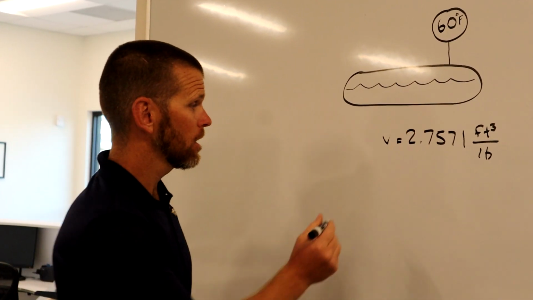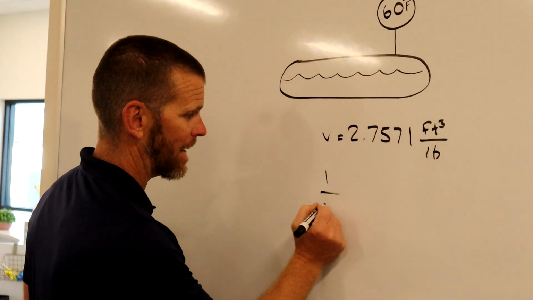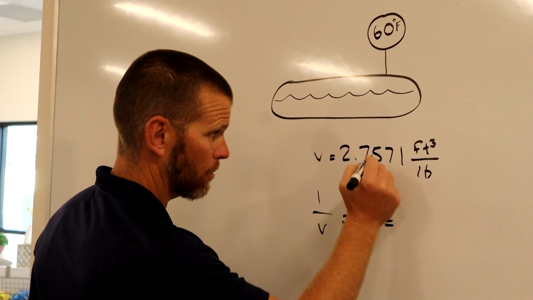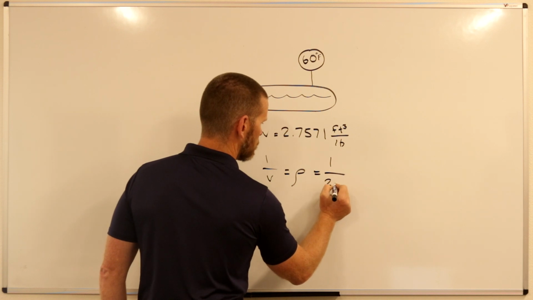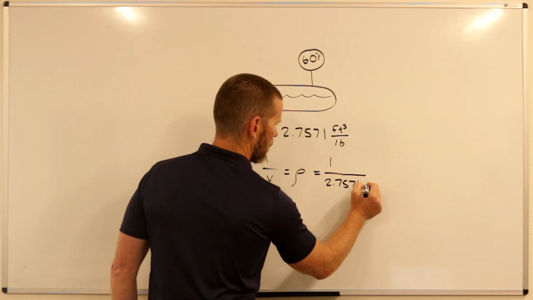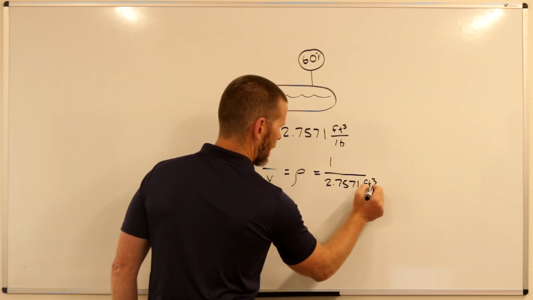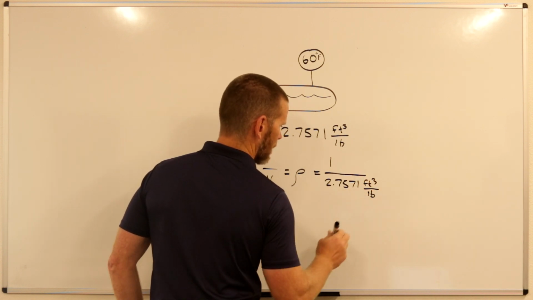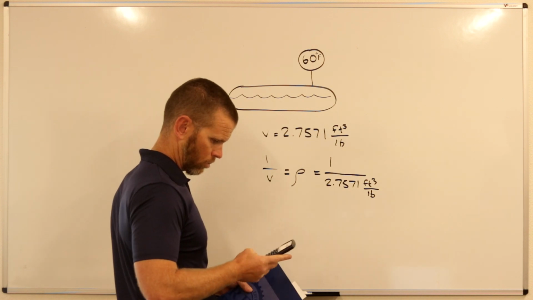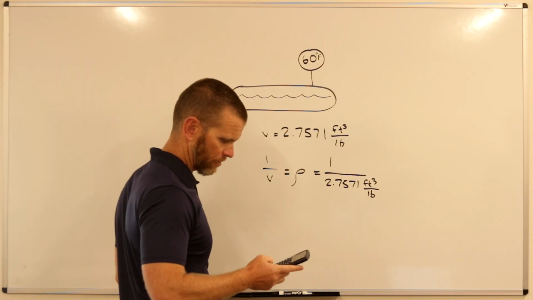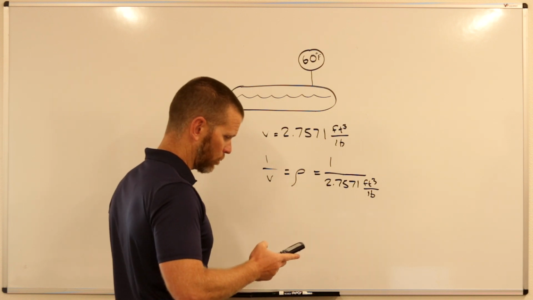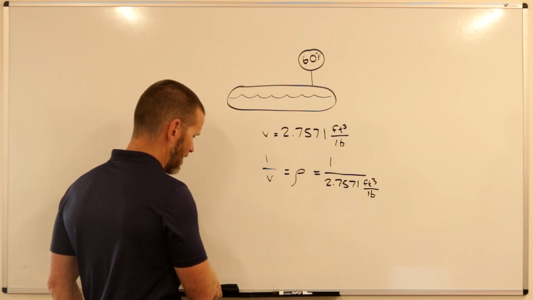Let me show you. 1 divided by the specific volume equals the density. We take this number here, 1 divided by 2.7571 cubic feet per pound. We punch that into our calculator: 1 divided by 2.7571 equals 0.3627.